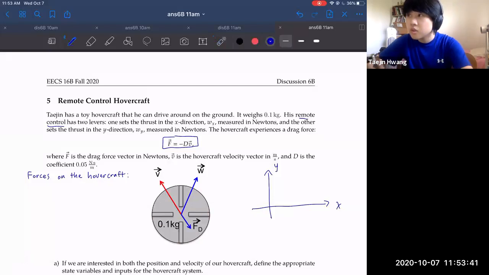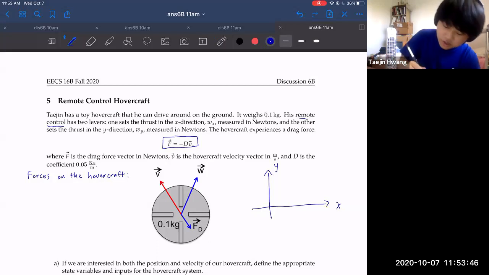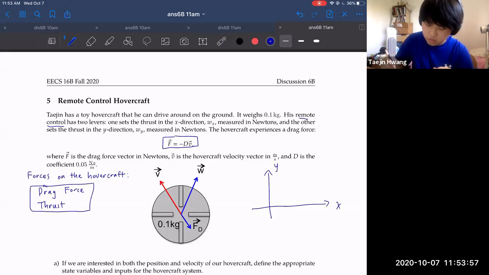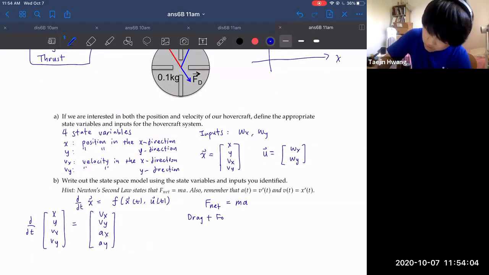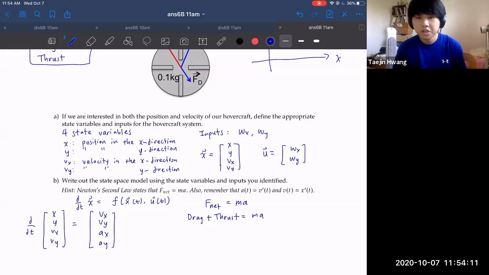You might notice that you have a drag and a thrust. These are exactly the forces we need to think about, and we don't have any other forces. So really, drag plus thrust is going to be equal to ma, because F net just means the sum of all the forces.